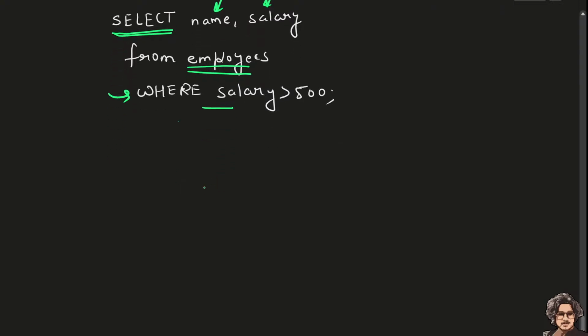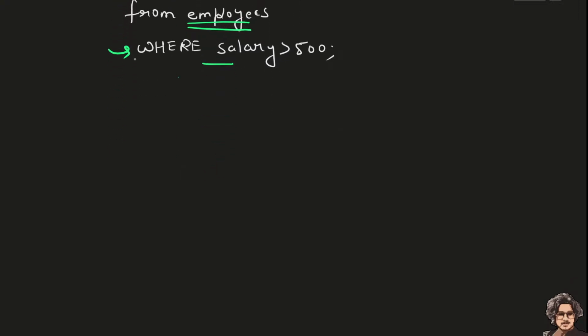Let's see the HAVING clause use case. I can write SELECT department and the average salary.